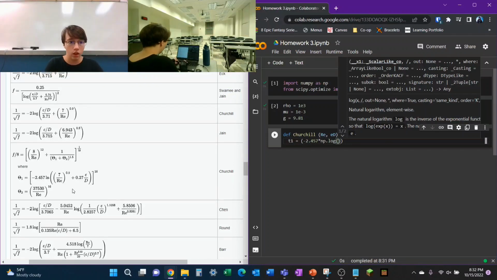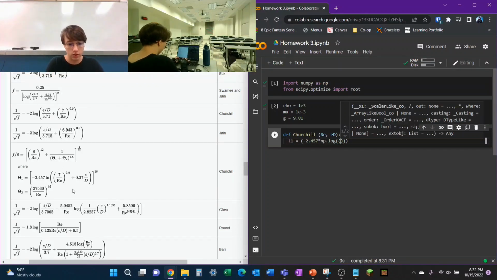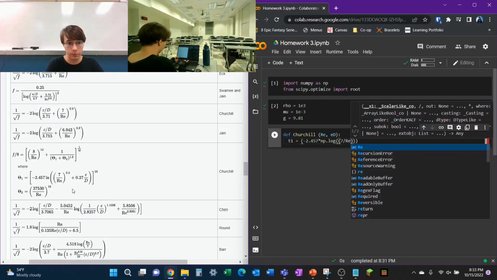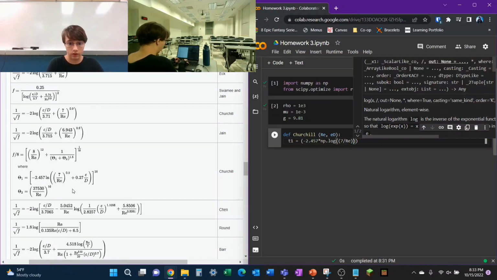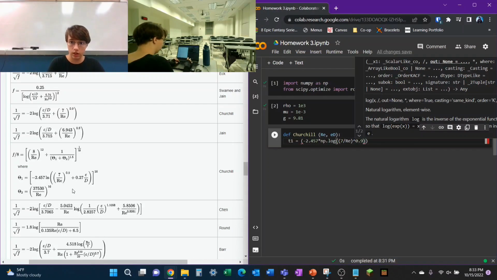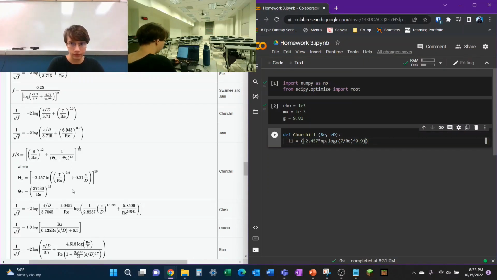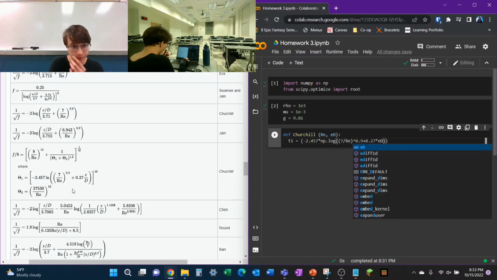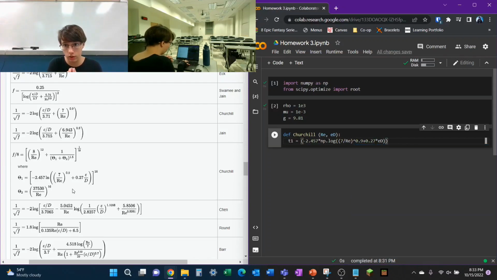Then another set of parentheses: 7 divided by the Reynolds number, to the 0.9 power, plus 0.27 times ED. Close that parenthesis, and then the entire thing is going to be to the 16th power.